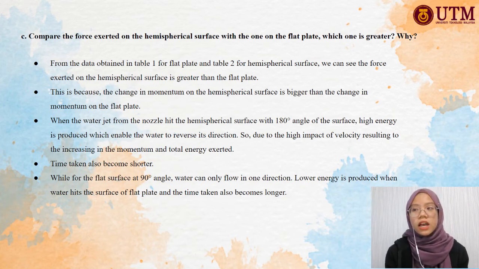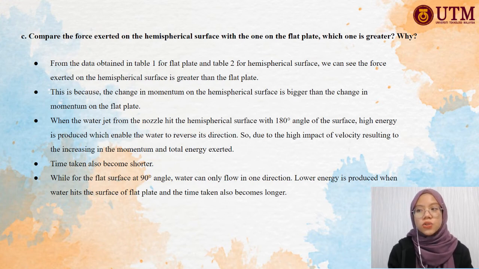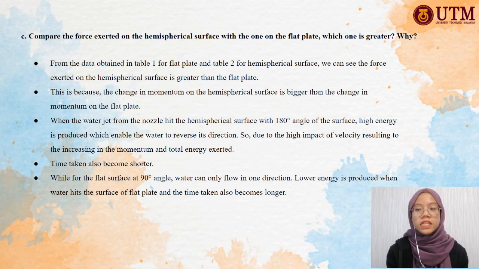The high impact velocity results in an increase in the momentum and total energy exerted, and the time taken also becomes shorter. But for the flat surface with a 90 degree angle, water can only flow in one direction, so lower energy is produced when water hits the surface of the flat plate, and the time taken also becomes longer.